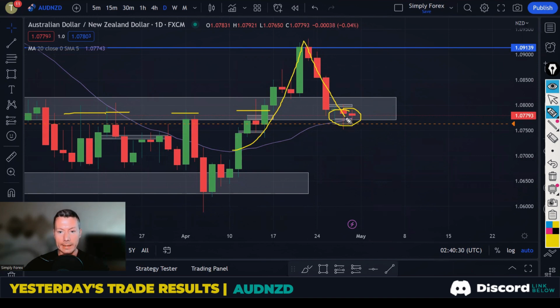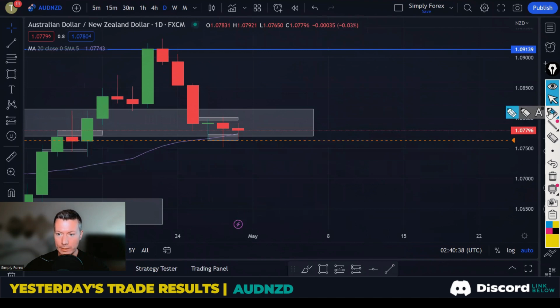And we were just looking to take price back up. Then look at yesterday's wicks as well. We had this candle that we were entering off, but look at yesterday's wicks. This will still be a buy idea for today. I like this trade.